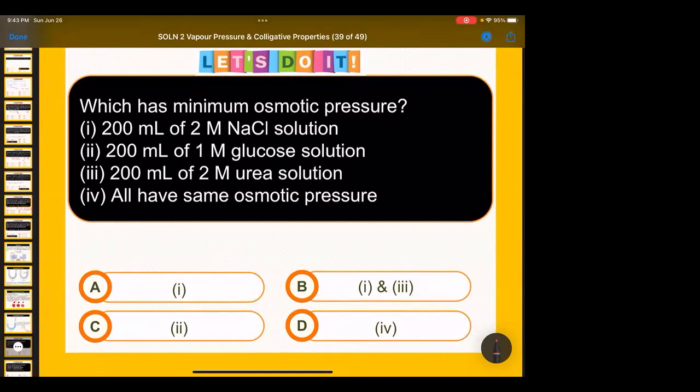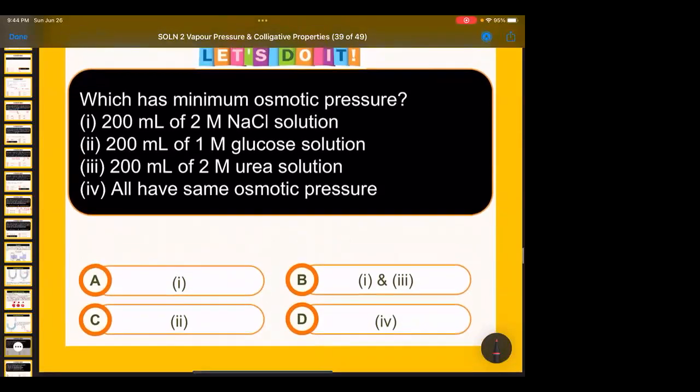Let me tell you, it depends upon the number of solute particles, not on the actual effective number of solute particles you need to count, and that is going to tell how much osmotic pressure there is.